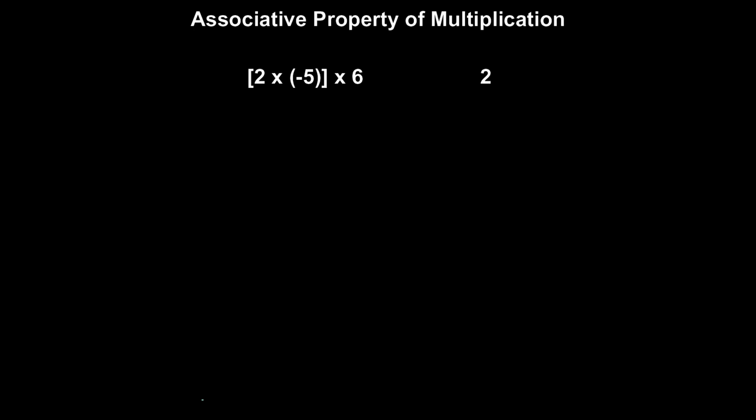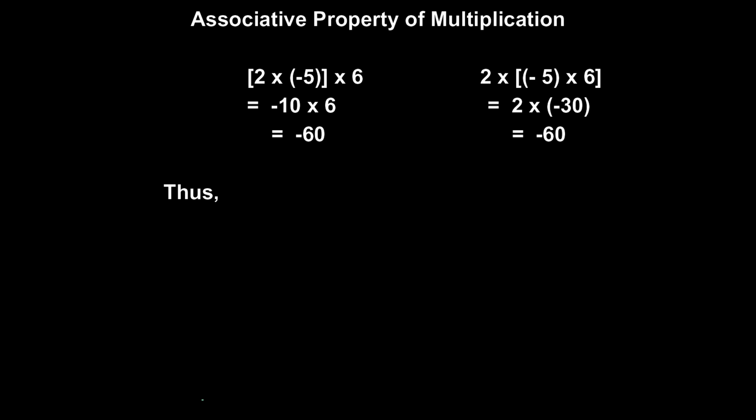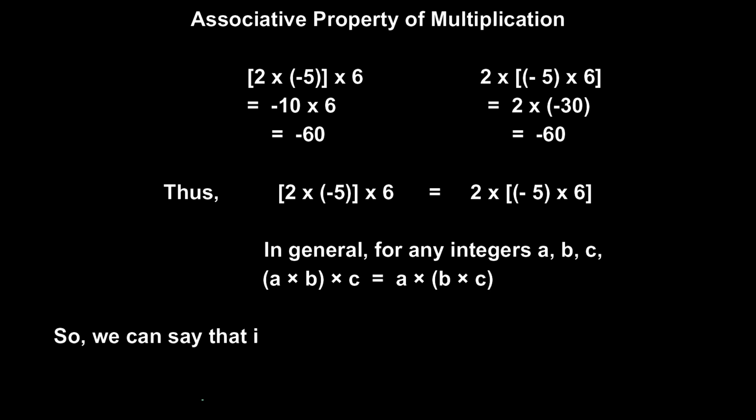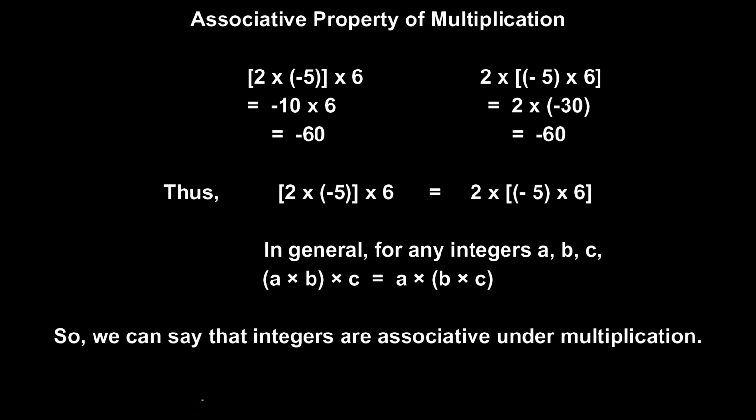Now let us see whether the property is applicable for multiplication or not. The same way, we are grouping two numbers in the first example and then grouping the last two numbers in the second example. So here I have written 2 multiplied by minus 5 in a bracket, and then I have kept multiplication by 6 at last.